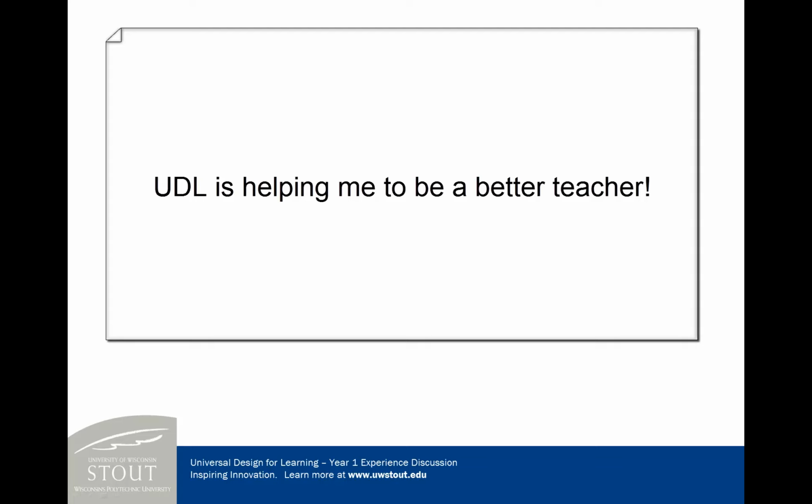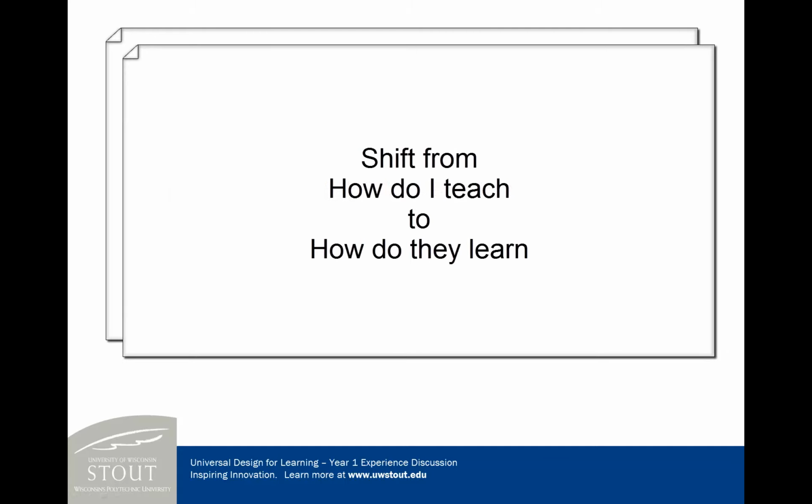And so it allowed me to change the lens of how I looked at the content that I use in my classes, and I was able to make a shift from how do I teach this to how are the students going to learn this. And I think that ultimately is what we're trying to do with universal design, is to find a way to give these students access.